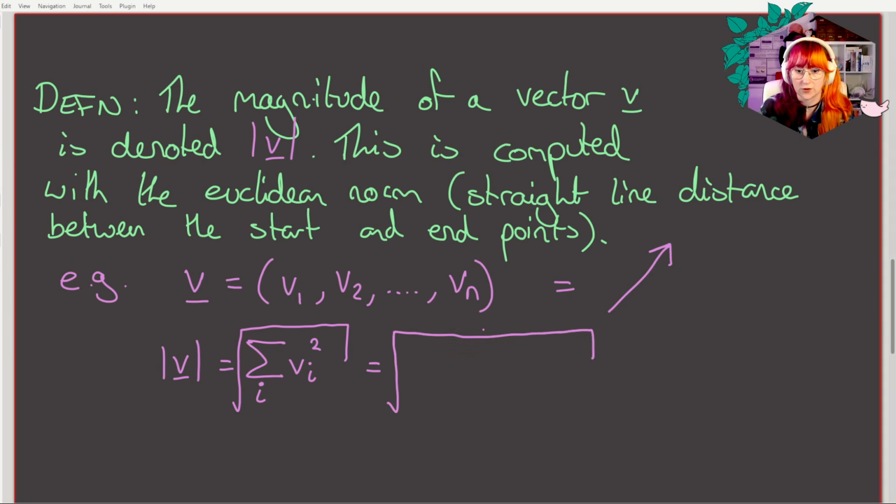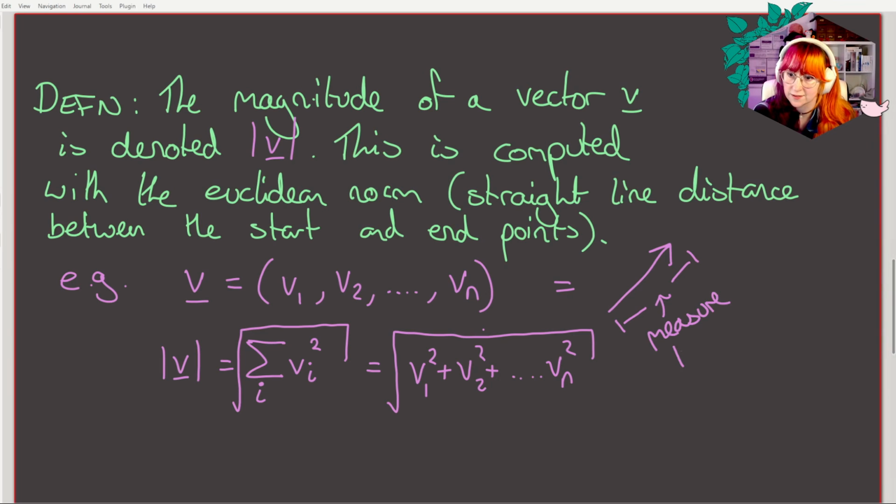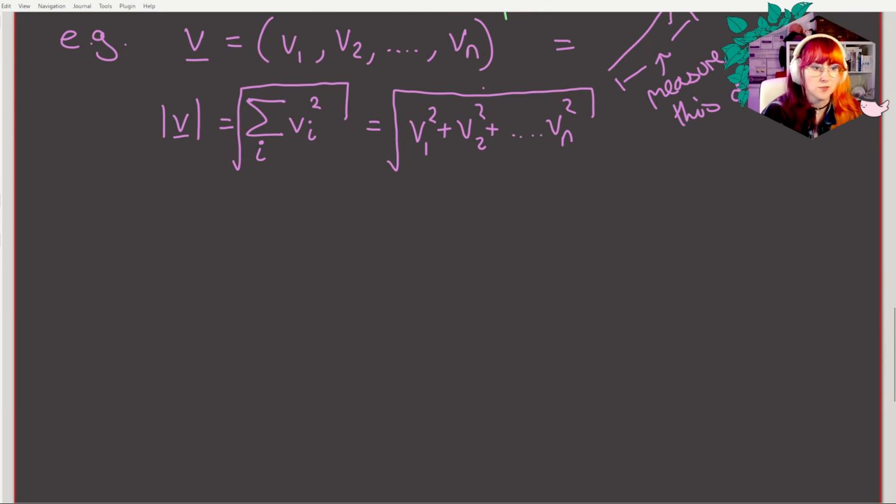So the square root of v1 squared plus v2 squared plus all the way up to vn squared. And in this arrow notation, it's taking a ruler to this distance. So measure this distance in some appropriate space. So we can do a nice example.